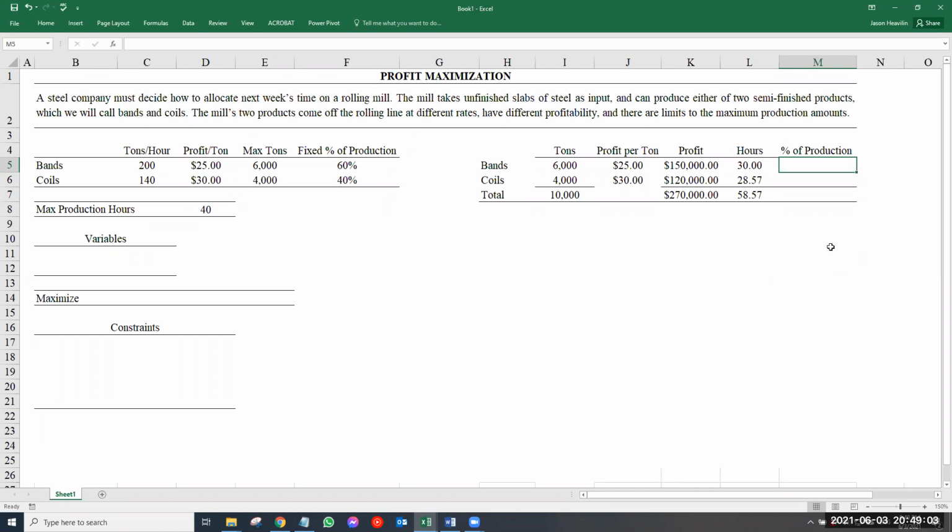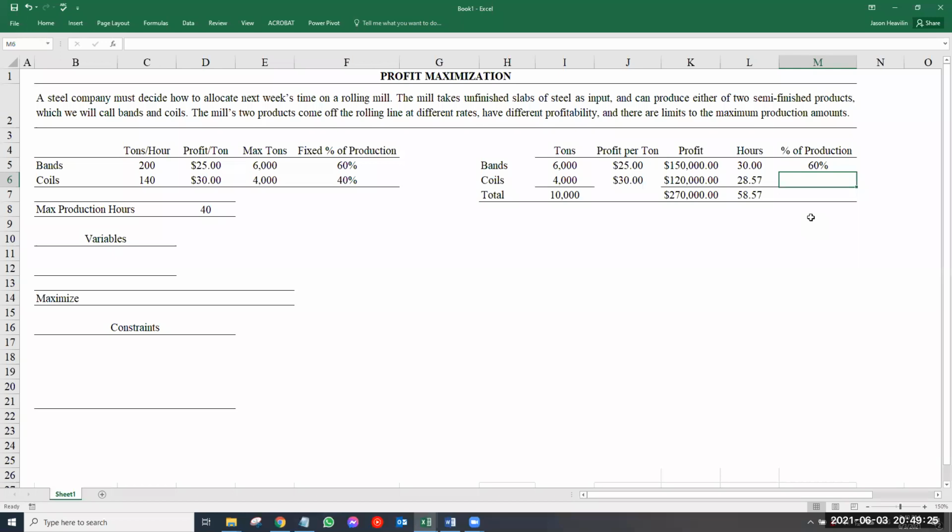Same fashion, we're not going to divide. We take the 6,000 tons and multiply it by the total raised to -1, so it does the same effect as dividing, giving the 60%. Remember, we have to keep that 60-40.